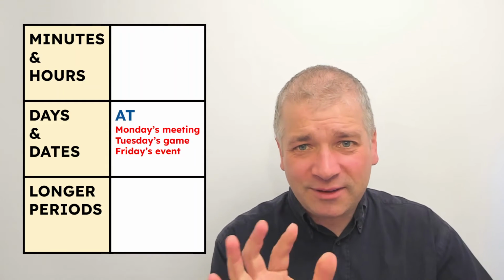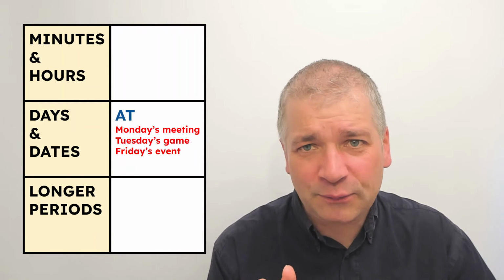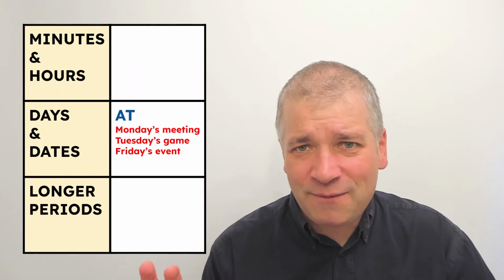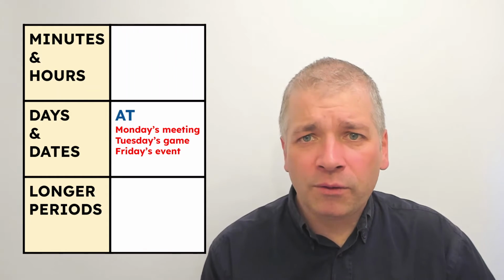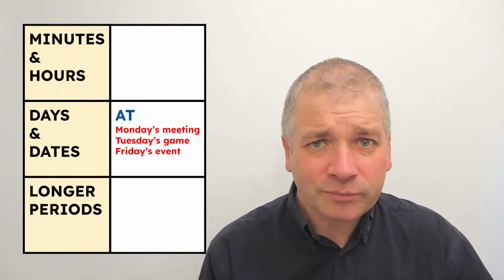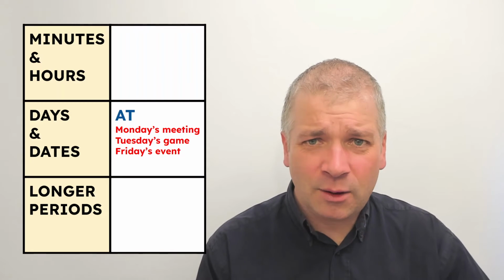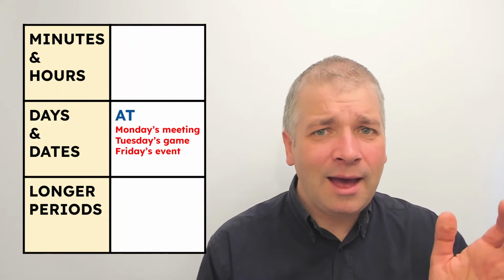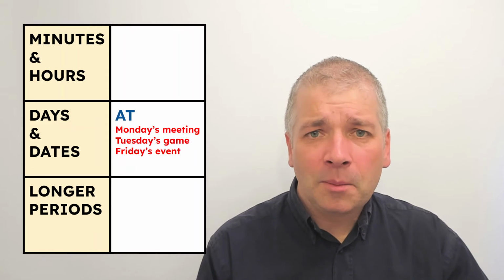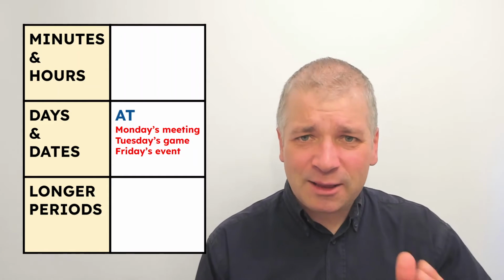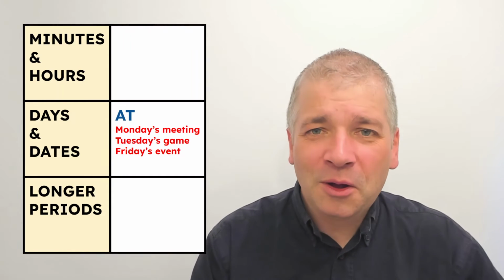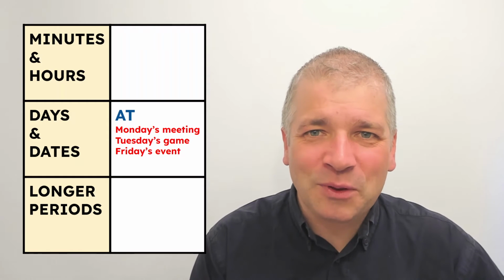So you see here, the days have been made possessive because a particular event is happening on those days. And here we will use at followed by the day followed by the event. So we wouldn't normally say at Monday, but we can say at Monday's meeting. So it's another useful thing to know about at with time.